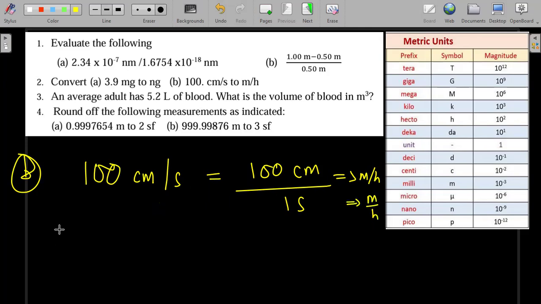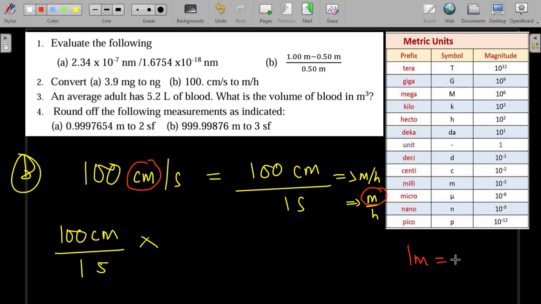So what are we going to do? We are going to say 100 centimeters divided by 1 second, and then multiply by what we call conversion factors. When I look at the distance, I have a centimeter that I want to take to a meter. So there I have to know that 1 meter is equal to what?